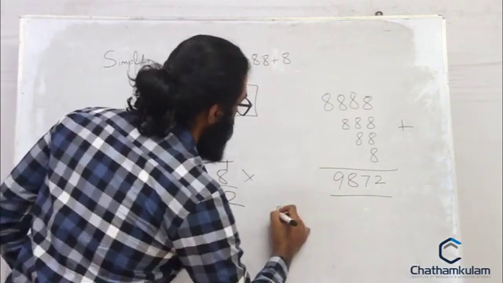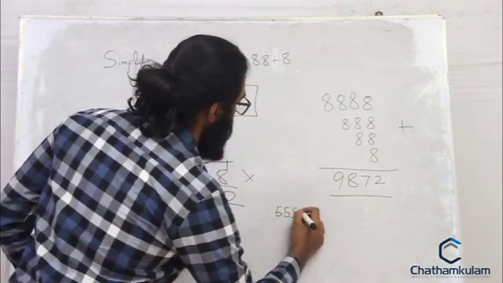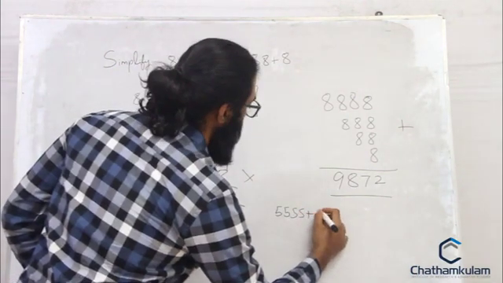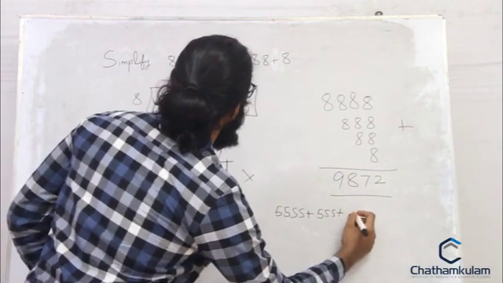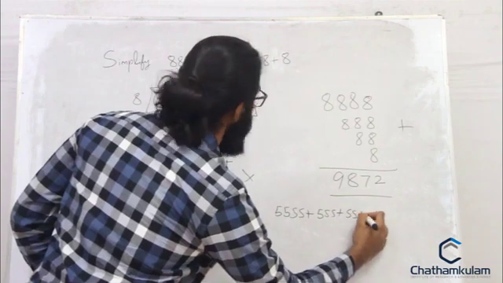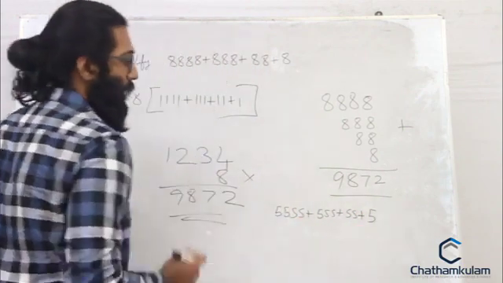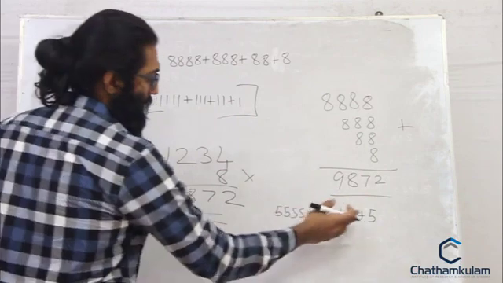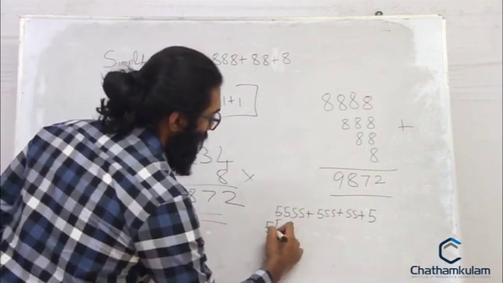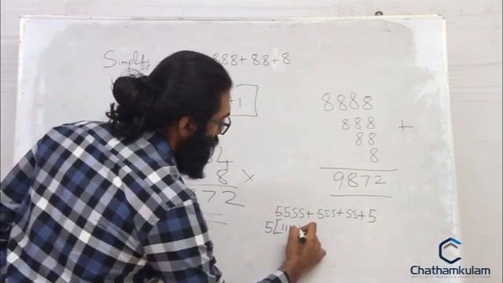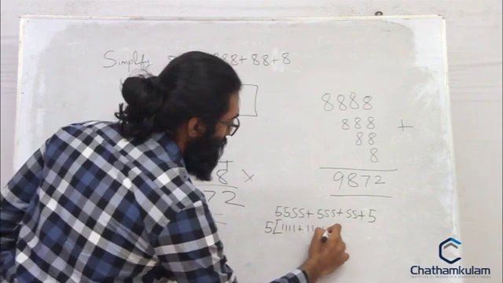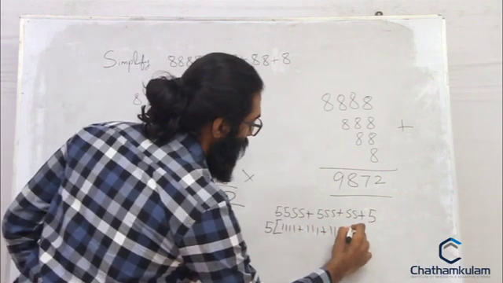Say we have 5555 plus 555 plus 55 plus 5. So here how we do addition? We take the 5 outside and we get 1111 plus 111 plus 11 plus 1.